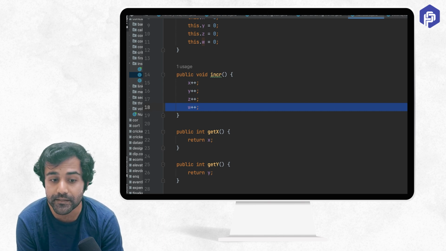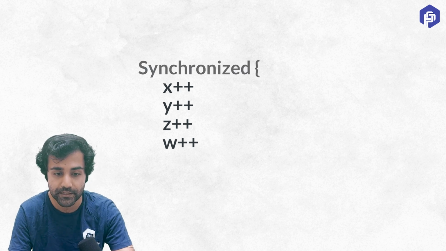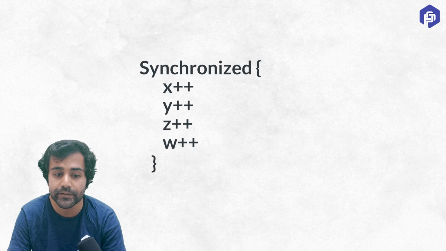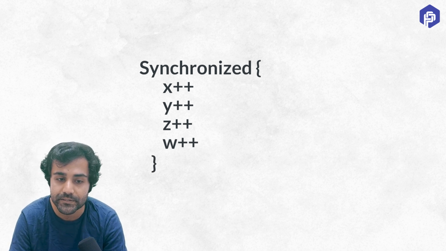Now, when I tell you this thing, then I also need to tell you the solution for this. The standard solution is that whenever you want these kind of instructions to not be jumbled up at all, then you can just put a synchronized block over here. So we know that all the threads have the same instance of number store.